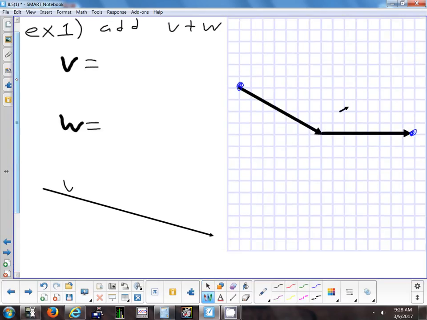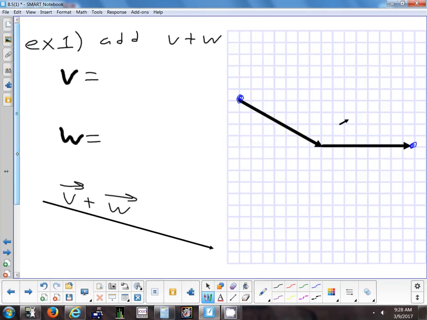So this is V plus W. When I'm writing things out, I usually use the arrows on top because bold letters, they kind of take a while for me to make them bold, so I just put the arrows. Any questions on V plus W?